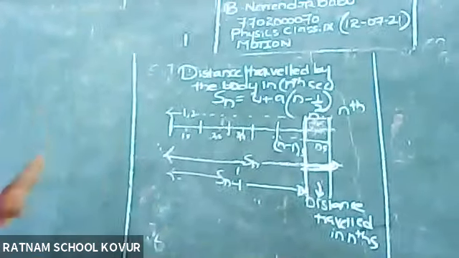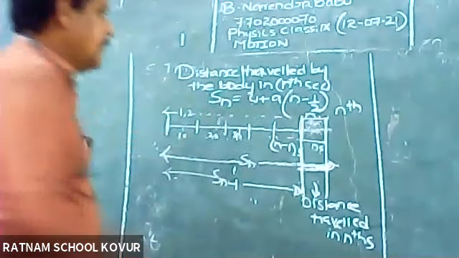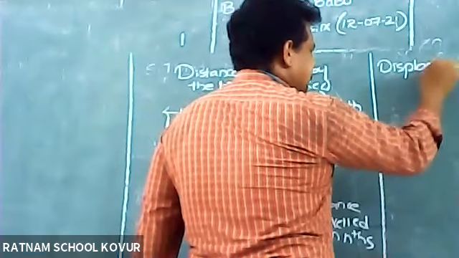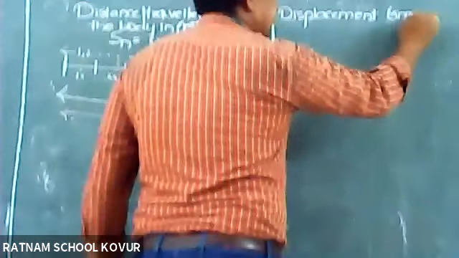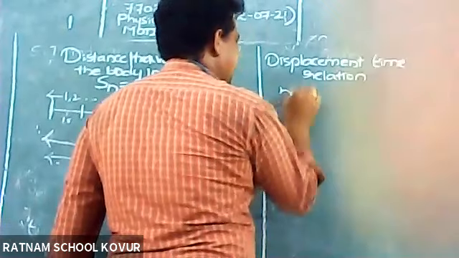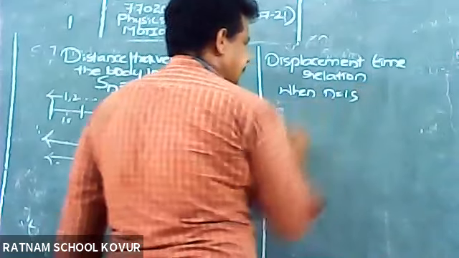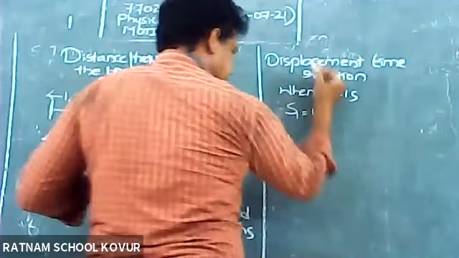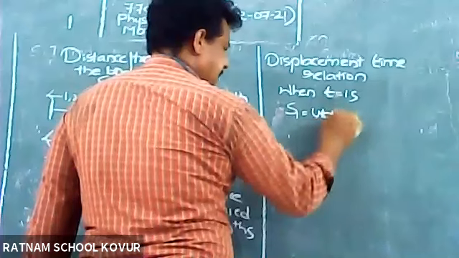Now for the displacement-time relation, the second equation of motion: when time t is equal to 1 second, S1 is equal to ut plus half a t square.